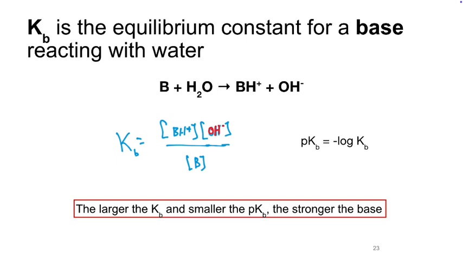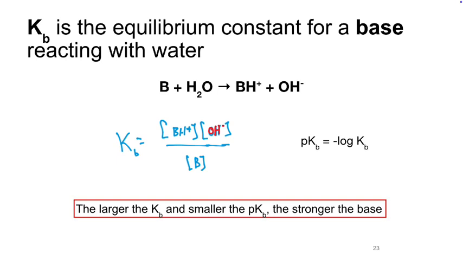The Kb, just like the Ka, can be converted into a pKb, and it's going to have the exact same connections that you would have seen with the Ka. So you can tie it back to Ka through the Kw, and you'll get this strength relationship. So the larger your Kb, the smaller the pKb, and the stronger the base. So all of those things tie in.